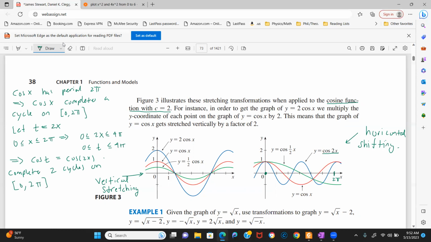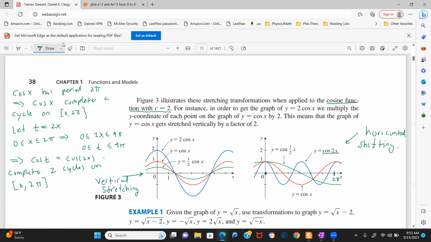When x varies from 0 to 2 pi, t varies from 0 to 4 pi. Cosine of t has a period of 2 pi, and you're graphing it over an interval of length 4 pi, so it's going to complete 2 cycles. It's going to go through its period twice.